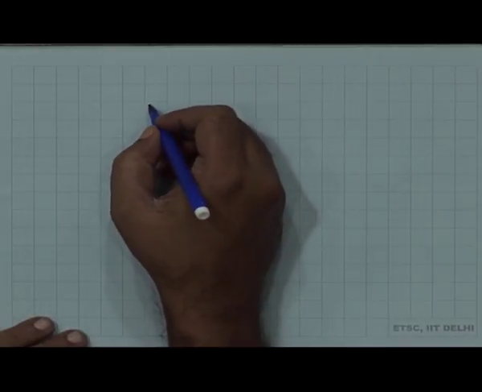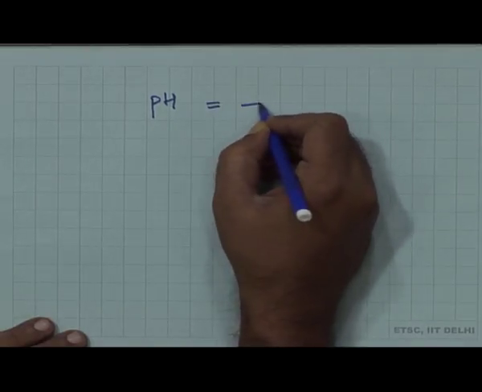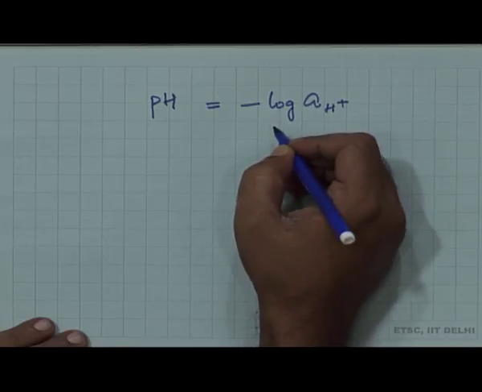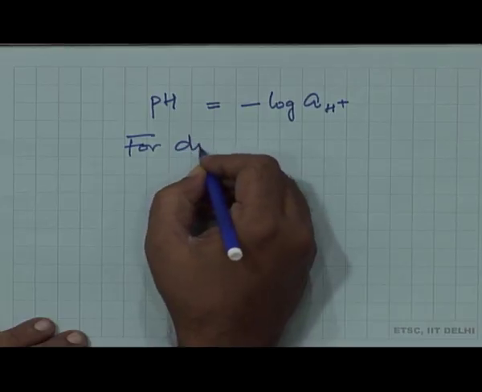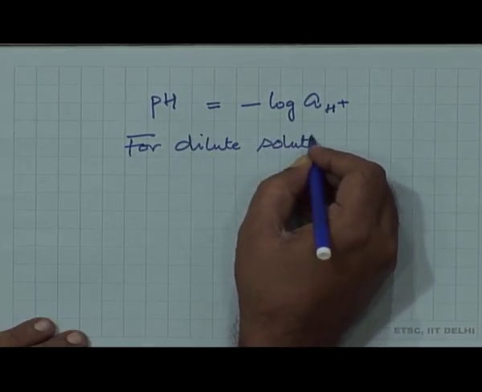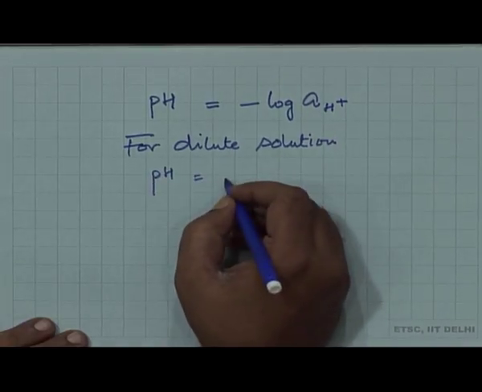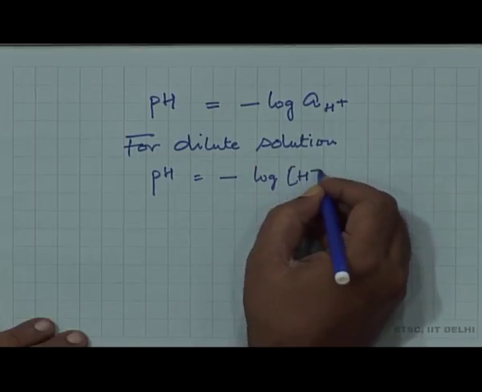So, I have already discussed with you what is pH. pH is minus log activity of H plus ion concentration, and for dilute solution this is simply equal to pH = minus log H plus ion concentration.